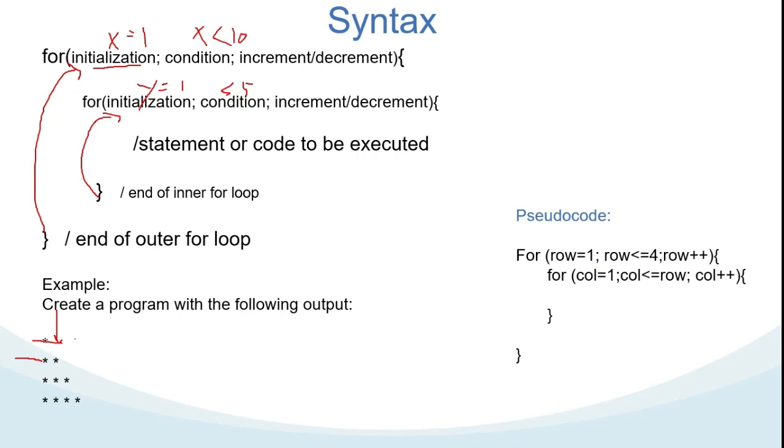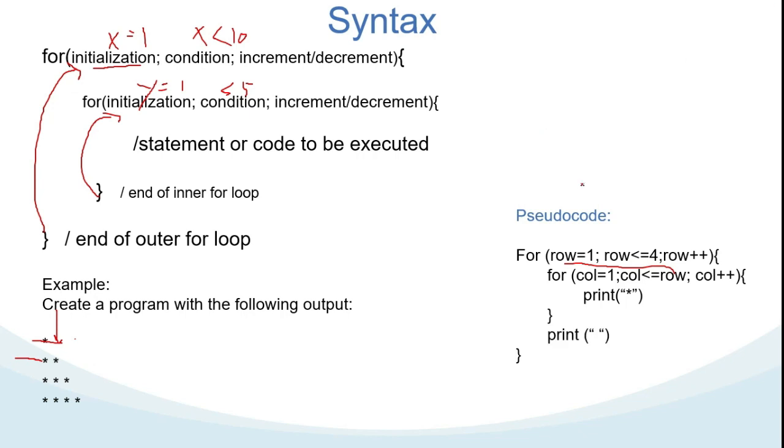If we are in the first row, we want to print only 1 asterisk. If we are in the second row, we want to print it 2 times. So it means the condition to stop is the row itself. So we use this here. What to print is the asterisk, like that. So here is what the pseudocode will look like.